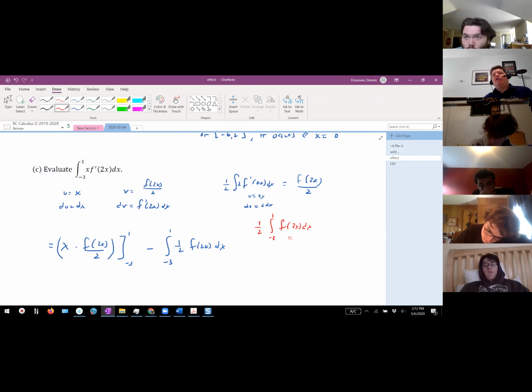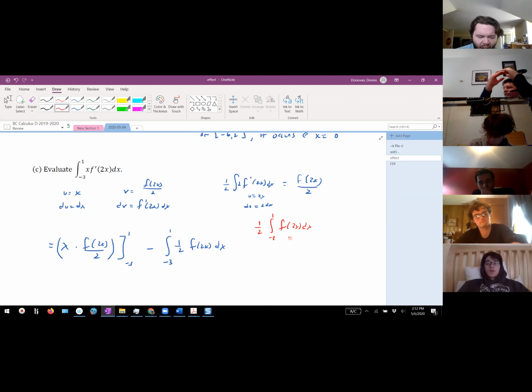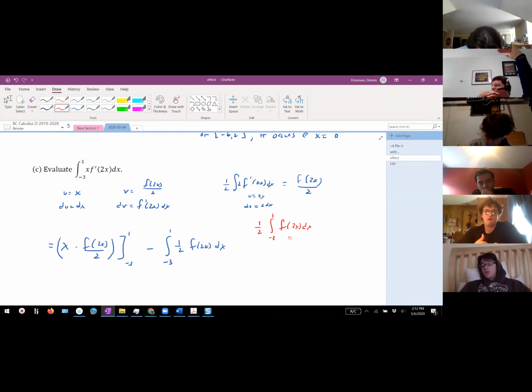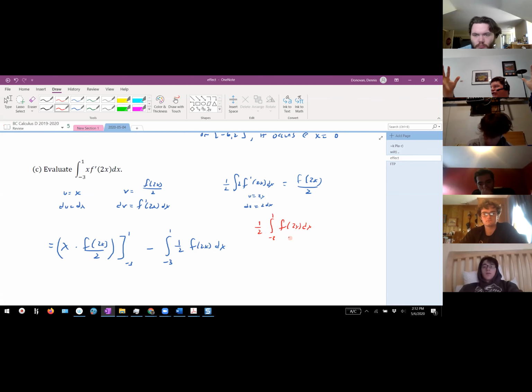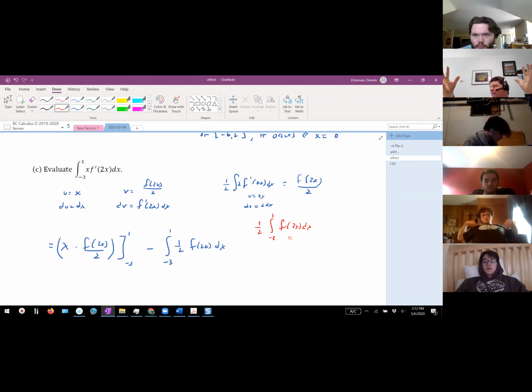Now, let's think about this. If I had 2f of x, that's a vertical stretch of the graph of f, isn't it? That takes f and stretches it vertically by a factor of 2. If I have f of 2x, that is horizontally stretching this graph in some way. Okay?